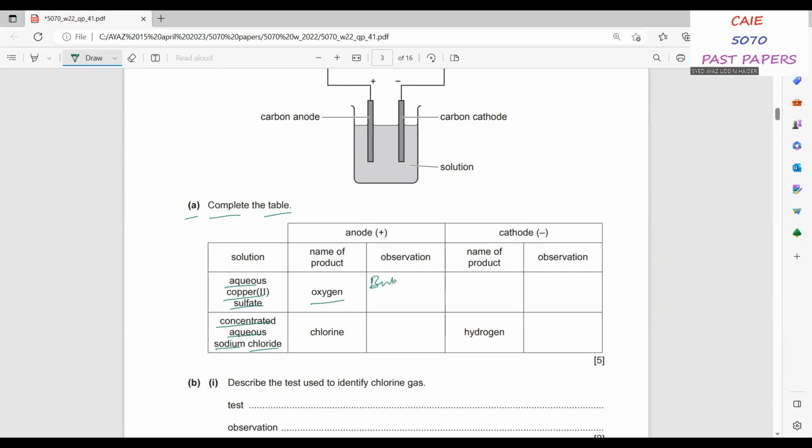At the cathode, we will get copper solid, and the observation will be pink or brown solid deposit.